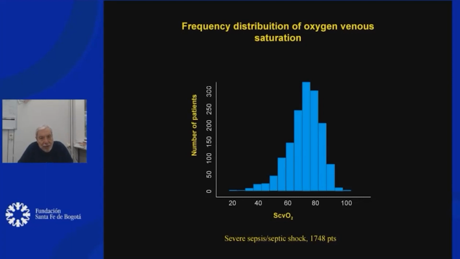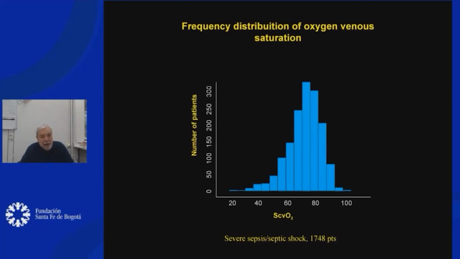That means the transport to the periphery is limited in only 35% of patients. What about the rest of the patients? Some have normal SvO2, and some have very high SvO2.